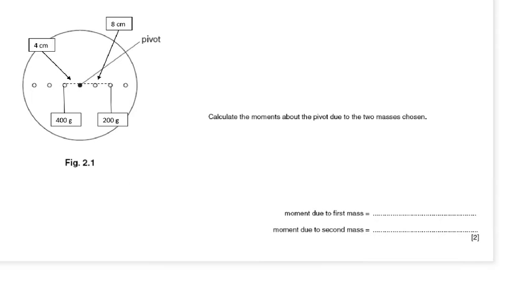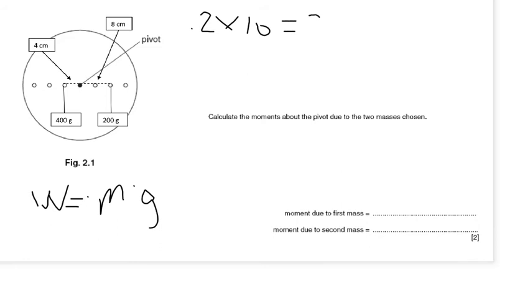Nothing's moving. But what do we want to do? We want to calculate the moments. First step, we need to find weight. So weight is equal to mass times g. So the weight of a 200-gram mass is going to be 0.2 times 10, which is equal to 2 newtons.